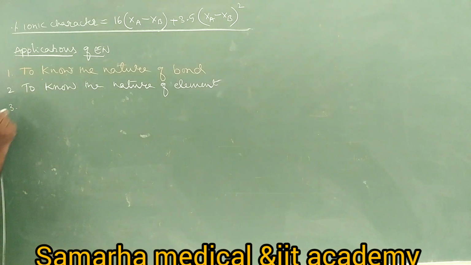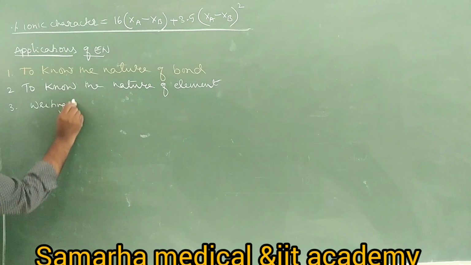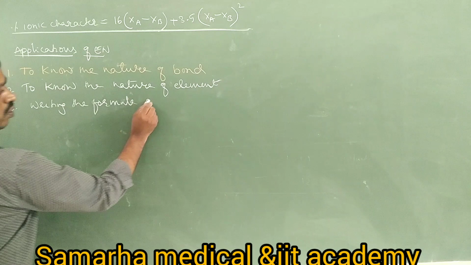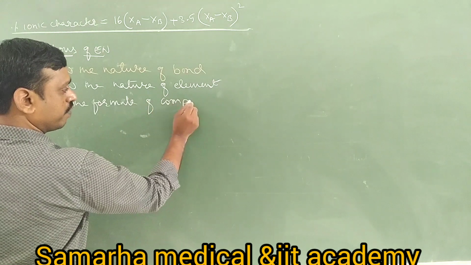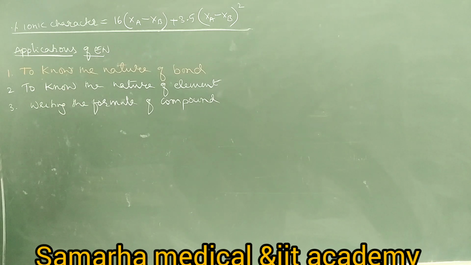Next, writing formula of compound based on electronegativities. It is possible to write the formula of compounds, because if you know the metal and non-metal, you can write the formulas now. Next, fourth one, even based on electronegativities, it is possible to know the bond strength. Bond strength is nothing but stability.